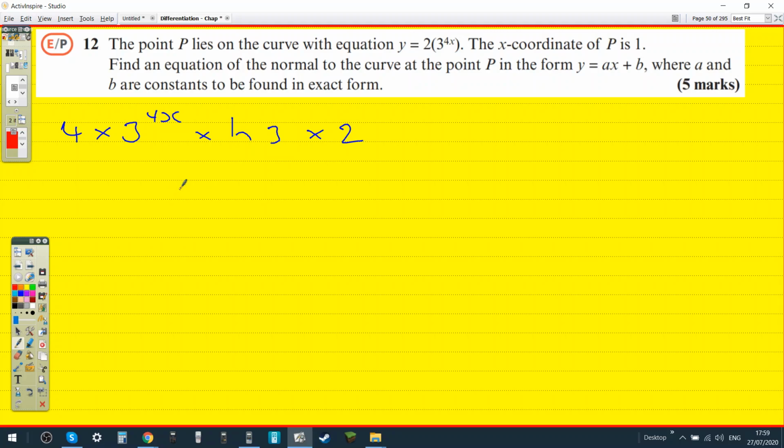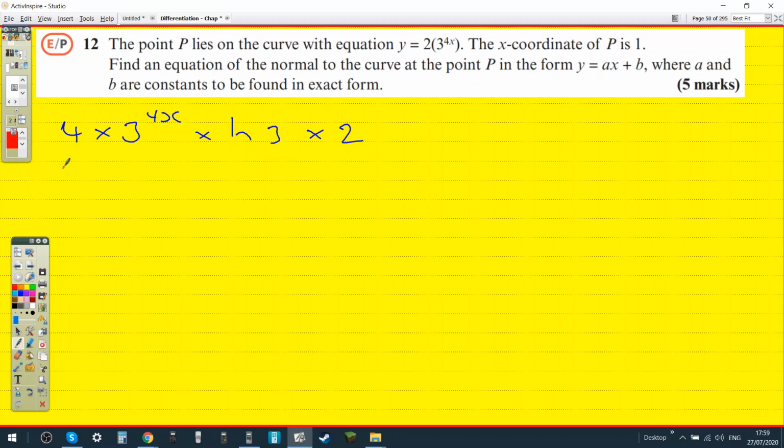When you have an x coordinate of 1, so x is 1, e to the 4 times 8 times ln 3. Yes. I forgot. Hang on. Ln 3. Yep.